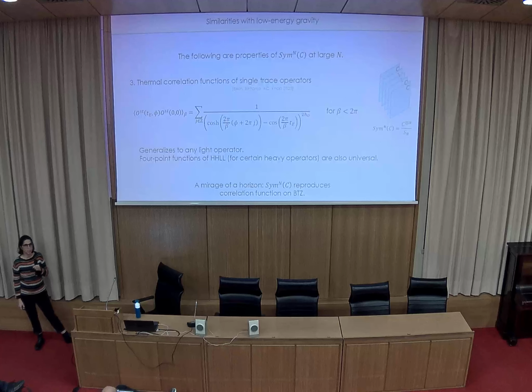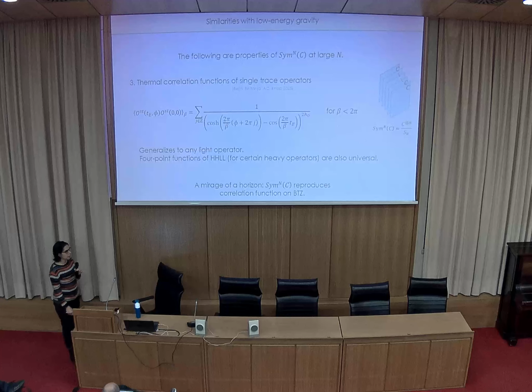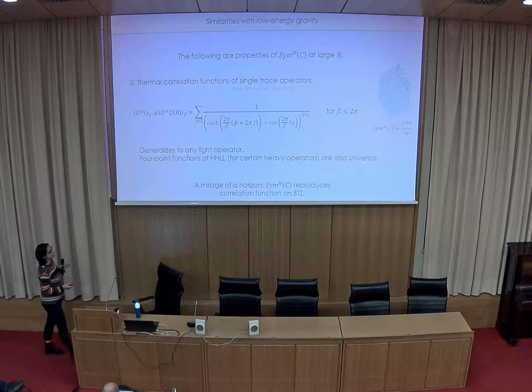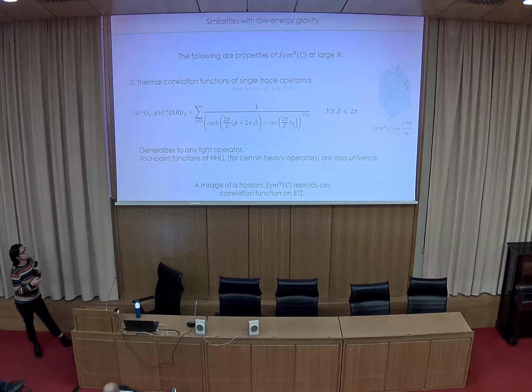So they don't just give you this Cardy-like formula. If you compute correlation functions of these light operators, you will get the same answer for the correlation function on the BTZ. Okay? And this is telling you that if you try to use properties of thermal correlation functions as an indicator that you have an emergence of space-time or that you hit a horizon, you're kind of faking it in a sense.